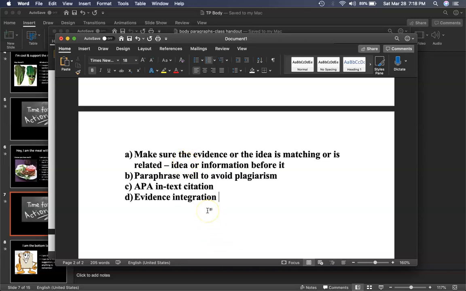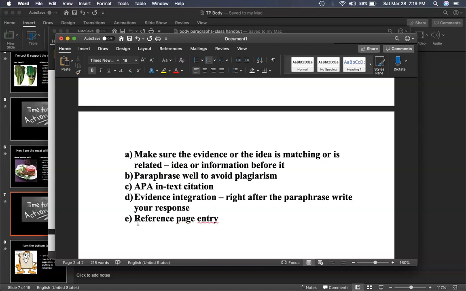Now information after, so right after the paraphrase, write your response. We discussed it before in the evidence integration lecture. We'll discuss it a little bit more, so you're ready for your progress check later. All right, and then reference page entry.